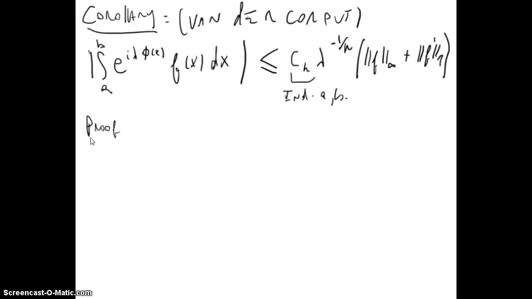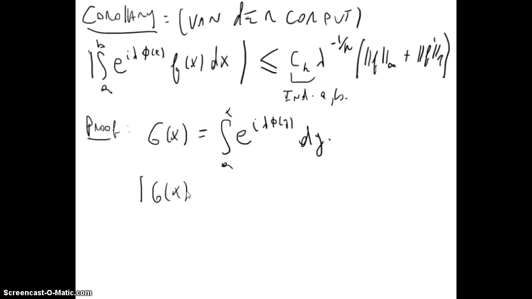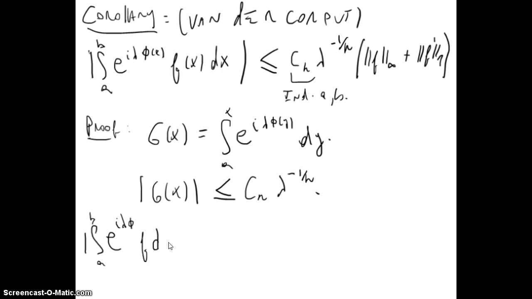Okay, so the proof will be, okay, we define g(x) equal to the integral between a and x of e^(i lambda phi(y)) dy, and because of what we just saw, we have that the absolute value of g(x) is less than or equal to c_k lambda^(-1/k). Okay, so now we will put the absolute value of the integral from a to b of e^(i lambda phi) f dx.